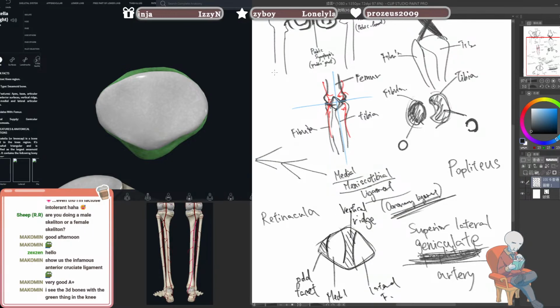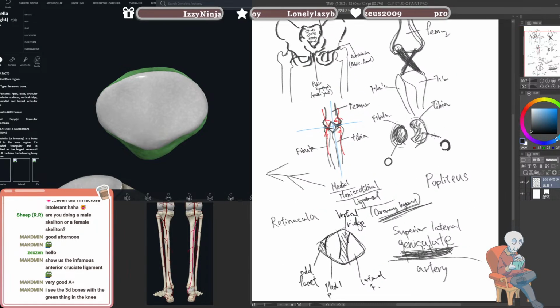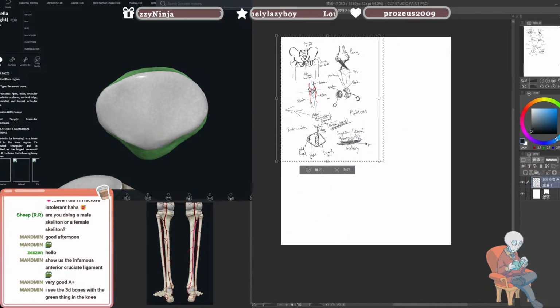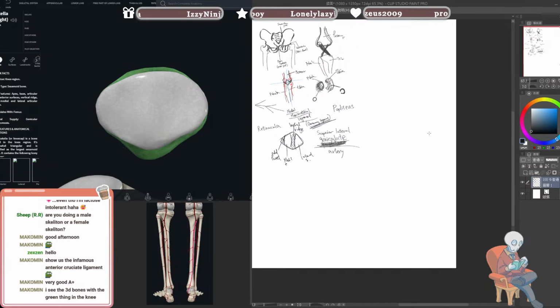Oh, this is the long one. What artery is this? I just have to select everything and make them all so small. Let me try to draw out the leg.